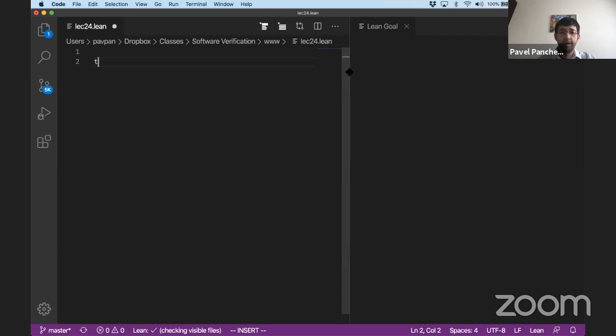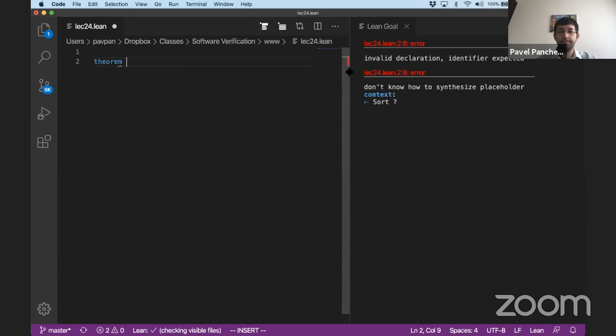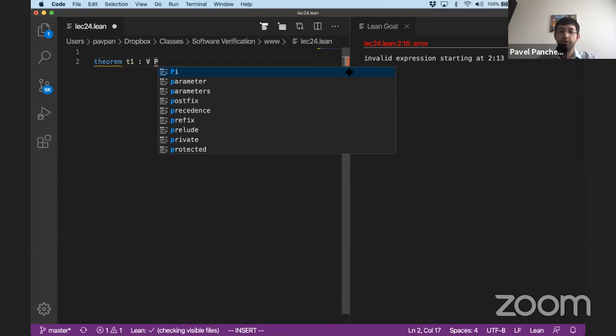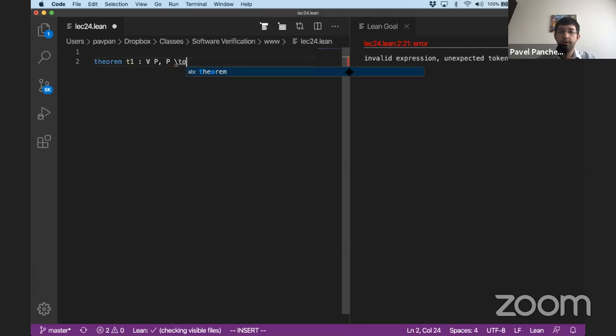So here is one very simple theorem. We'll call it T1. And that theorem says that for all propositions P, P implies P.